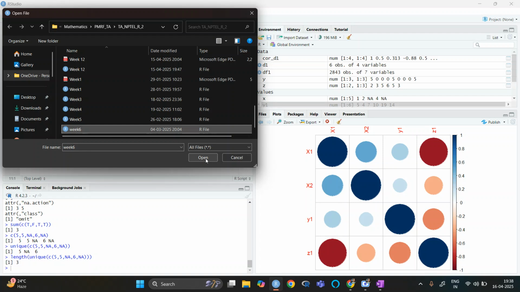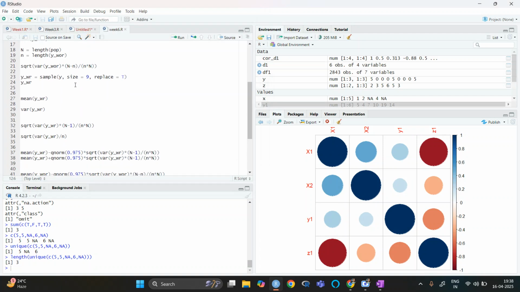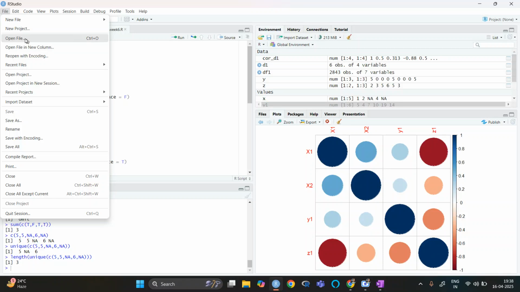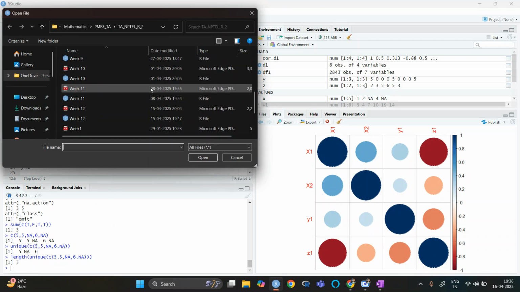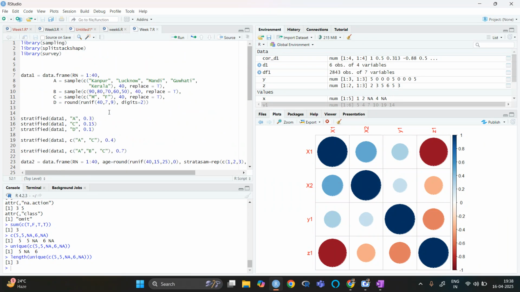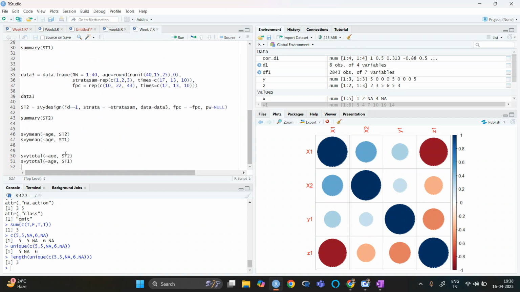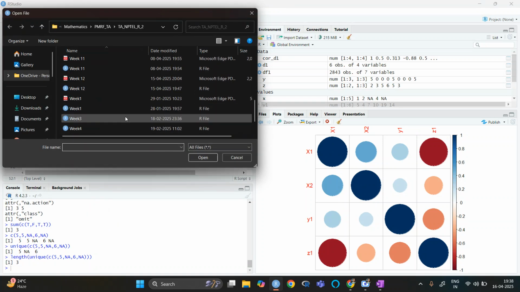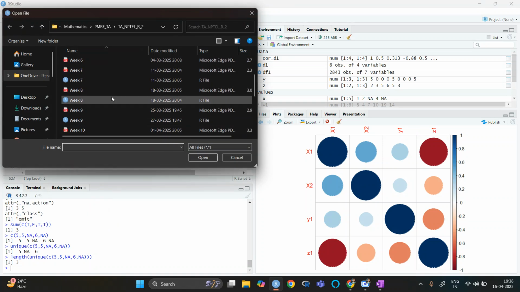The function here is stratified, in the boot package.